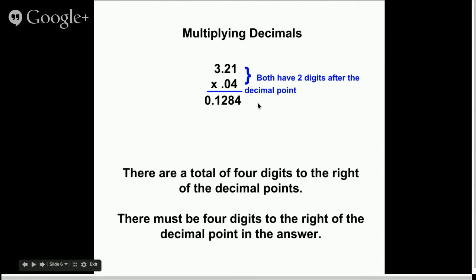So first, you ignore these. You do 3.21 times 4. Then you add them up. So there are 1, 2, 3, 4 digits after the decimal point. So there need to be 1, 2, 3, 4 digits after the decimal point here.